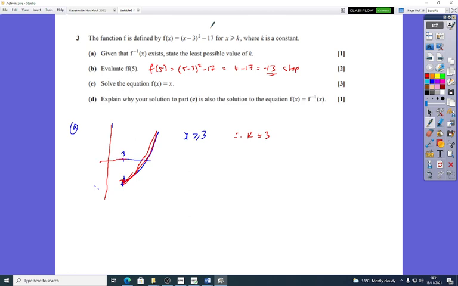This cannot go further because we already made this claim. In order to be a one-to-one function, x has to be greater than 3, so minus 13 will be invalid. So for b, just put f of 5 doesn't exist, as minus 13 is less than 3.